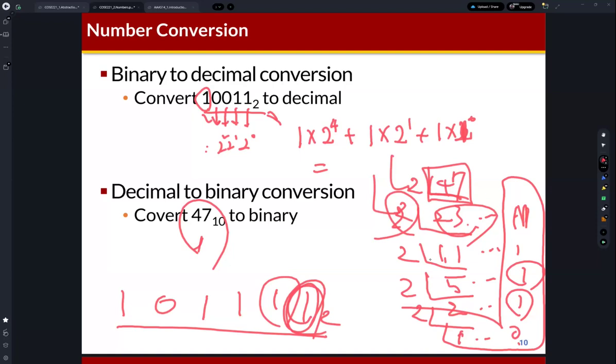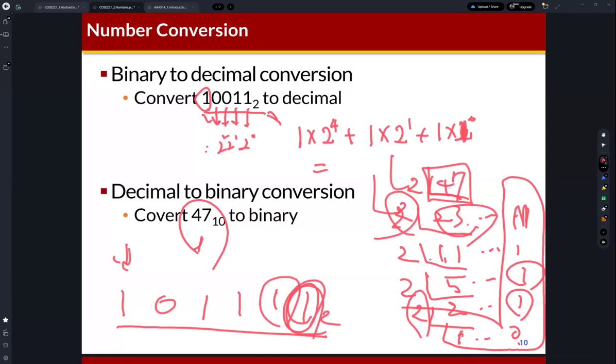By dividing the number repeatedly using the base, which is 2, it is similar to the magnitude of each digit. I believe you are familiar with this method, okay?